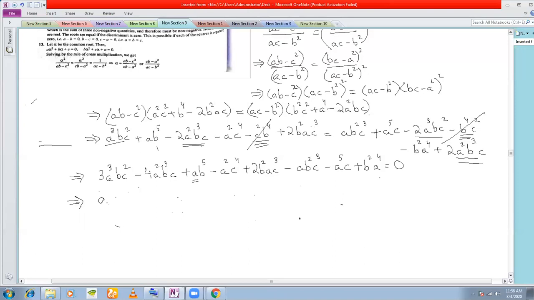I can take it out. 3 e square e square minus 4 a e cube c plus e to the power of 5 minus a e to the power of 4 plus 5 e square c minus e square minus e to the power of 4c e square.